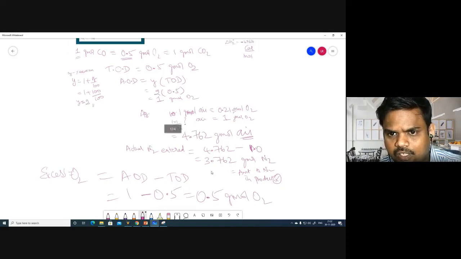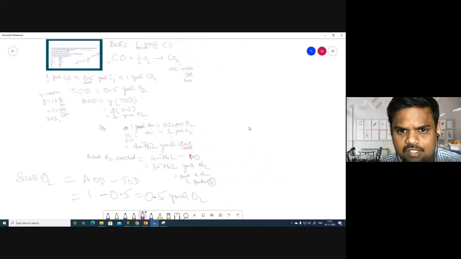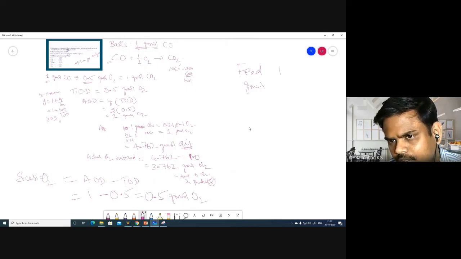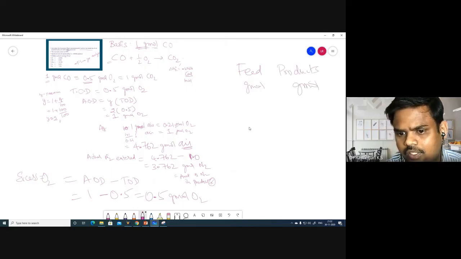Now we know exactly how much products are formed. You can see here, we can write the composition now. Okay, so for feed, how many gram moles, and for products, how many gram moles, can be written clearly. So what are the reactants? Here the reactants are carbon monoxide and air.